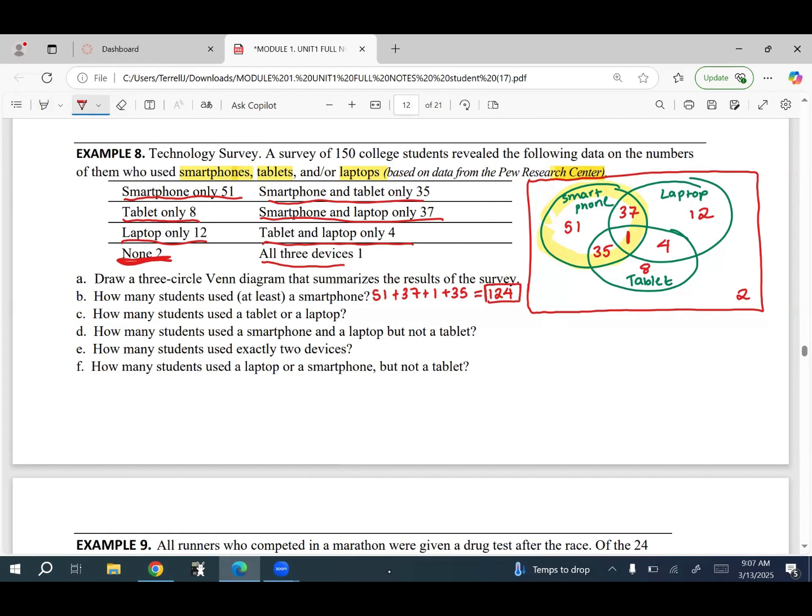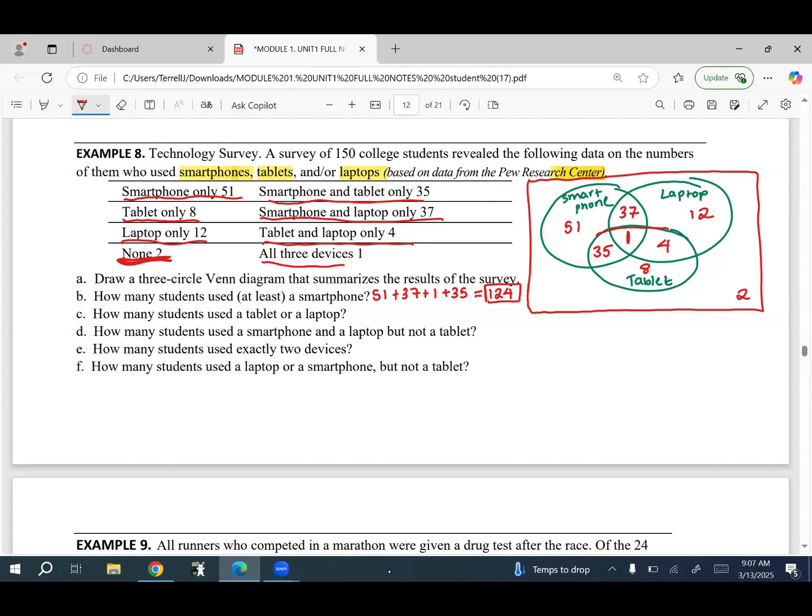Next, how many students used a tablet or a laptop? Now, a tablet or a laptop means I'm looking at the tablet circle. So let me erase this highlighted piece. I'm looking at the tablet circle, and I'm also looking at the laptop circle, and I'm adding all those values.